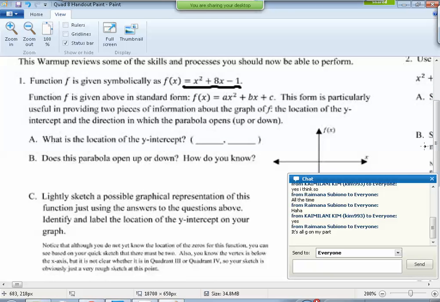What is the y-intercept? In order to find the y-intercept, what do I do? x equals 0. So if I plug in x equals 0 into this thing, what am I left with? -1. Good. So the y-intercept is (0, -1).